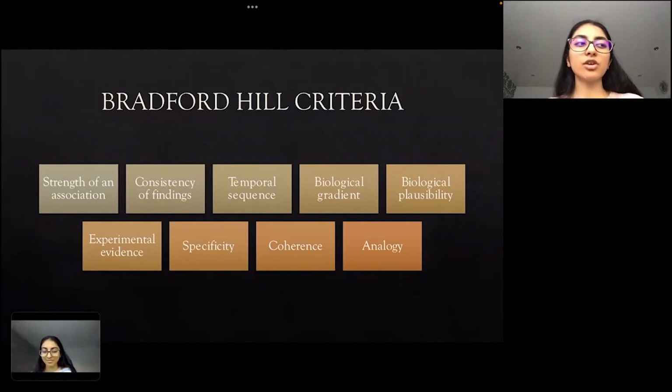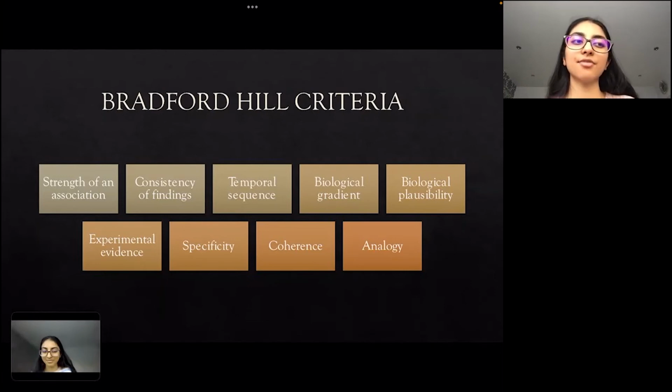So the first one is strength of association. So if the risk ratio or the odds ratio, the rate ratio is further away from 1, and there's a strong association, then that is more likely to be a causal relationship.